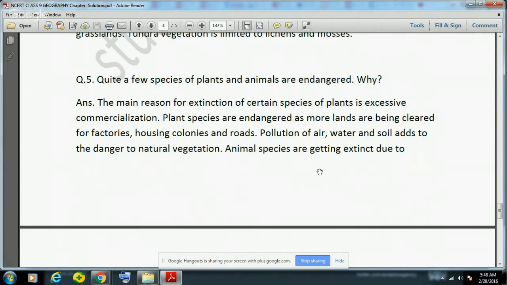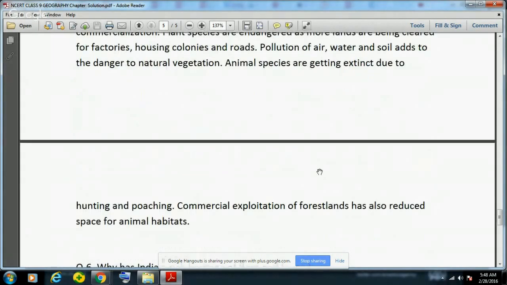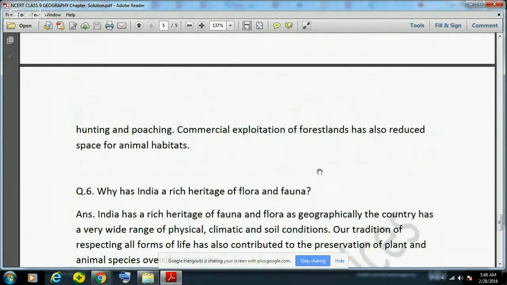Plant species are endangered as more land is being cleared for factories, housing, residential colonies, and roads. Pollution of air, water, and soil adds to the danger to natural vegetation, and animal species are getting extinct because of hunting, poaching, invasion of alien species, and commercial exploitation of forest lands. All these are the reasons.